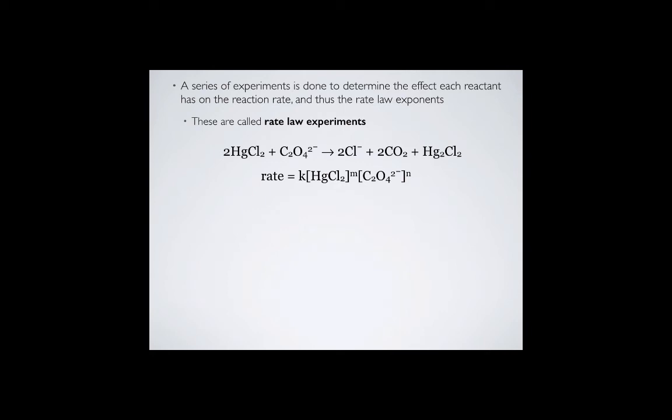We have no idea what those exponents m and n are just by looking at the balanced reaction, so we're going to have to do a series of experiments to determine them.